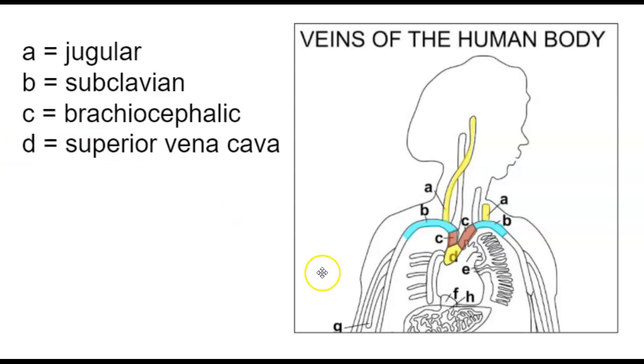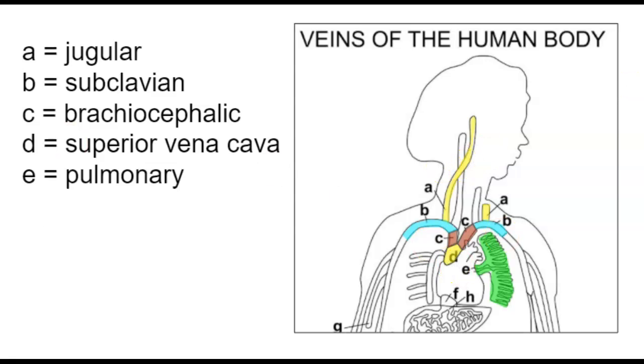D is super important. Remember, we had the aorta coming out here? Well, with veins, this is the vena cava. Superior means above. So there's the vena cava that comes up, and then it's going to wrap down. And the inferior vena cava will label a little bit later. Pulmonary vein, that's the same as before.